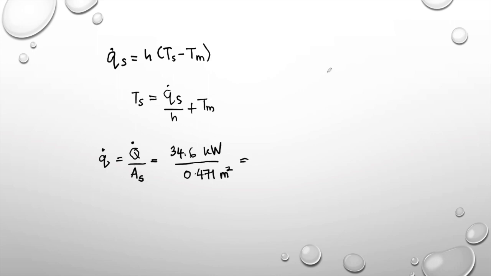To find the surface area, AS is pi D L. Substitute into this and plug in to find the heat flux. Then you will get 73.46 kilowatts per square meter. So that is your heat flux.